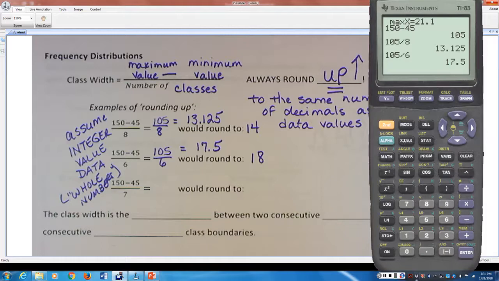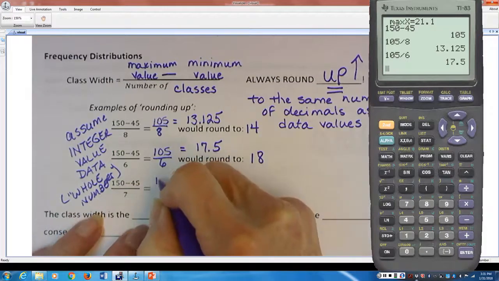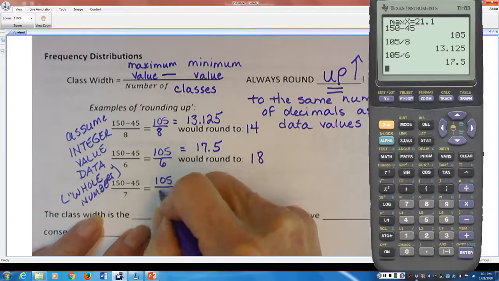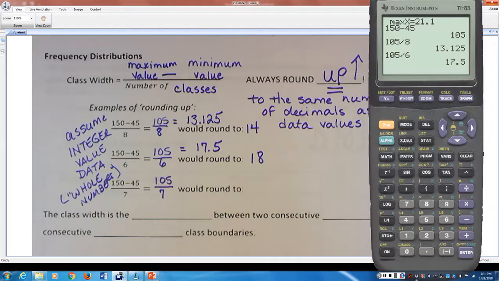If I wanted 7 classes, I would divide instead by 7. And that one comes out to be a whole number, but you still round up.